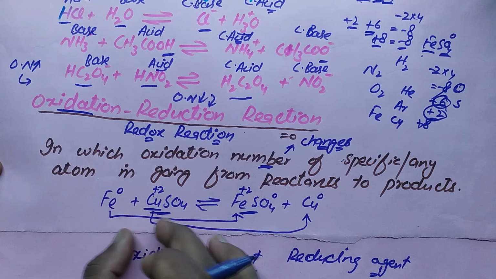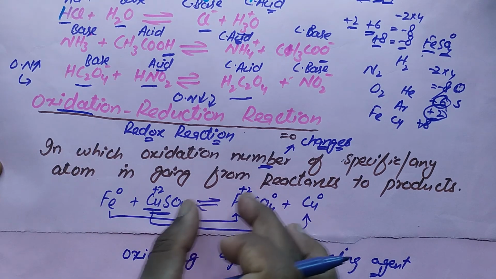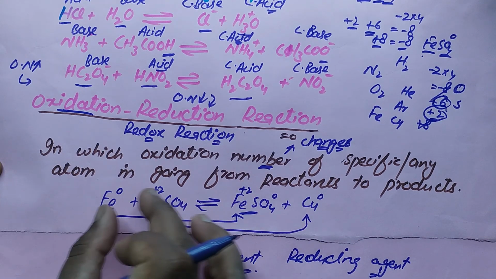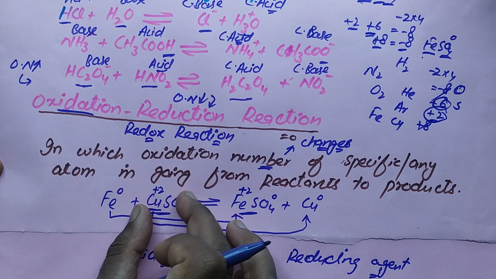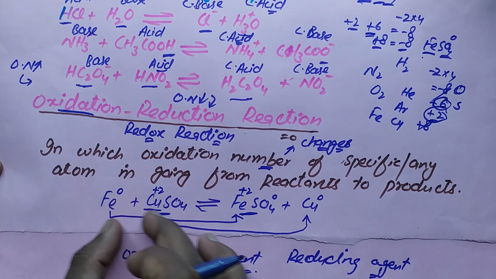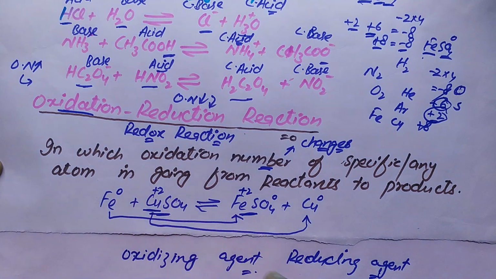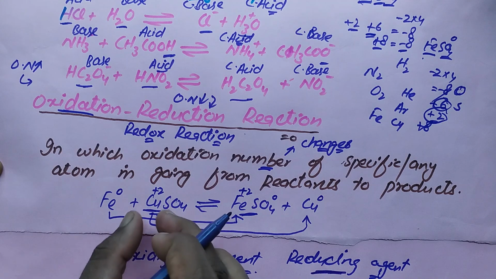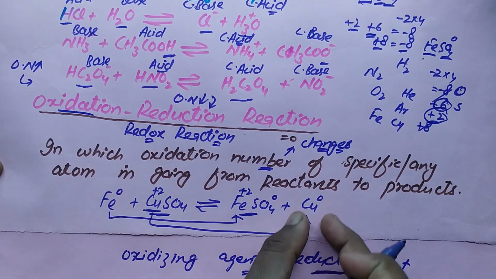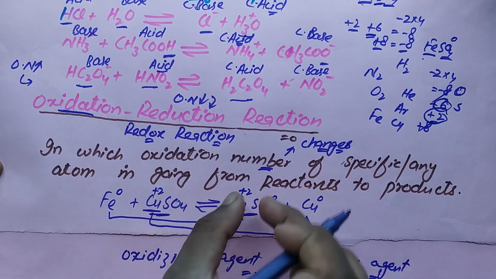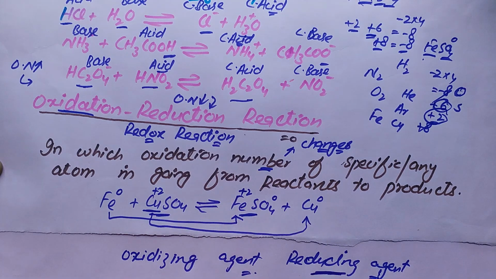The species which is going to oxidize in a reaction is reducing the other, so it acts as a reducing agent. And the species which is going to reduce is oxidizing the other species, and it acts as an oxidizing agent.